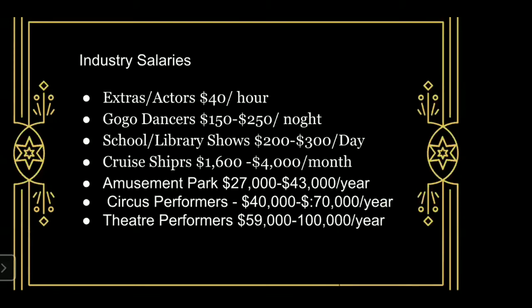And so some industries do work hourly, like extra work. If you're gonna go work, that's because you're usually under a W-2 and actually get hired as an employee of the shoot. But even then, their hourly work is much higher than any type of minimum wage worker.